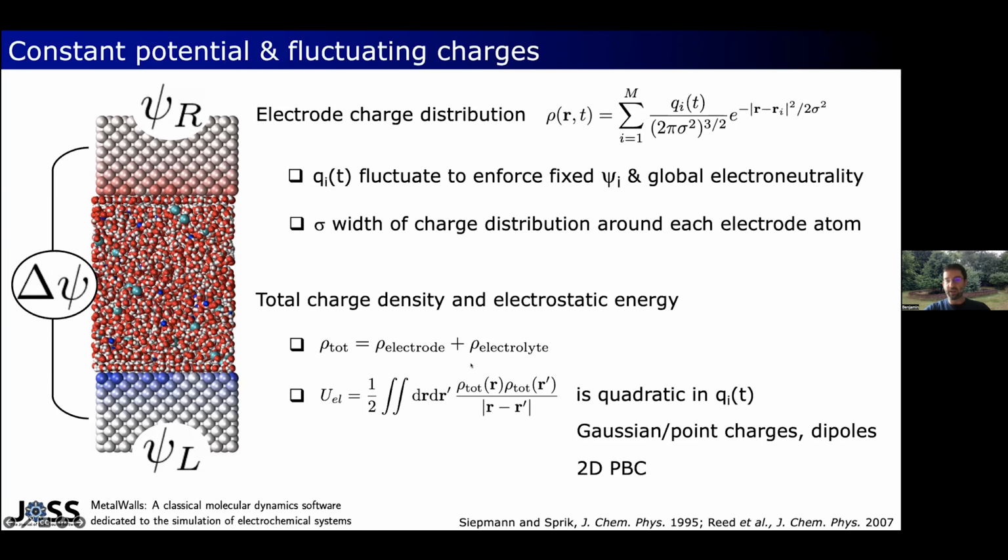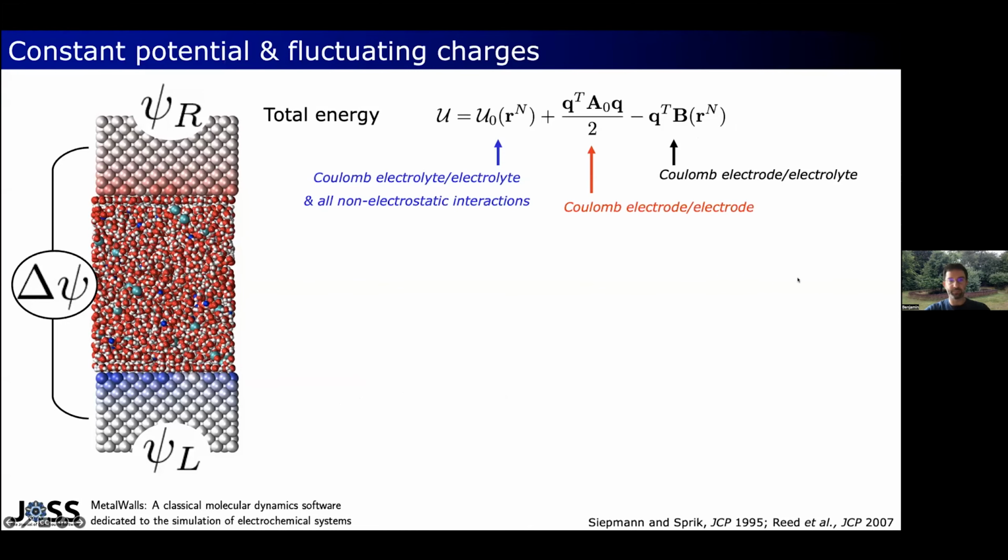The electrostatic energy requires computing the interactions between point and Gaussian charge distributions, also dipoles if you have dipoles in the electrolyte, and also taking into account the fact that you usually have 2D periodic boundary conditions in an electrochemical setup. There are ways to deal with this by doing a computation in 3D and then correcting for the third dimension, but I'm not going to discuss the details of that today.